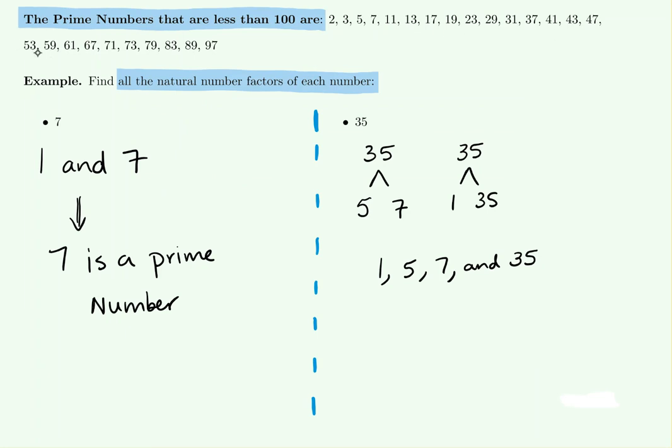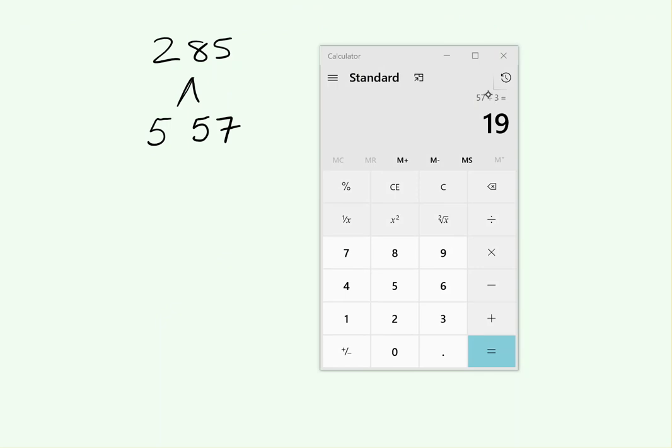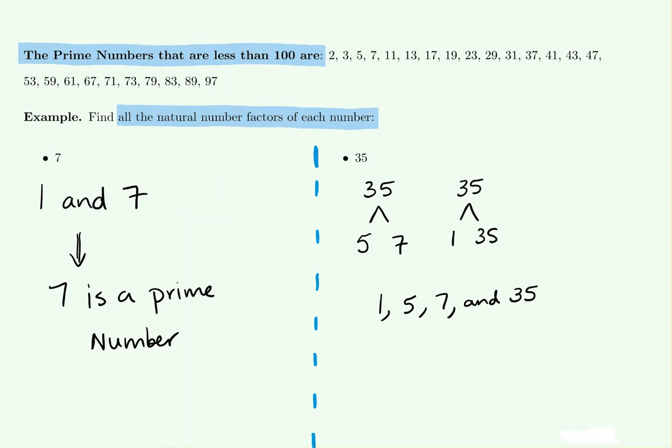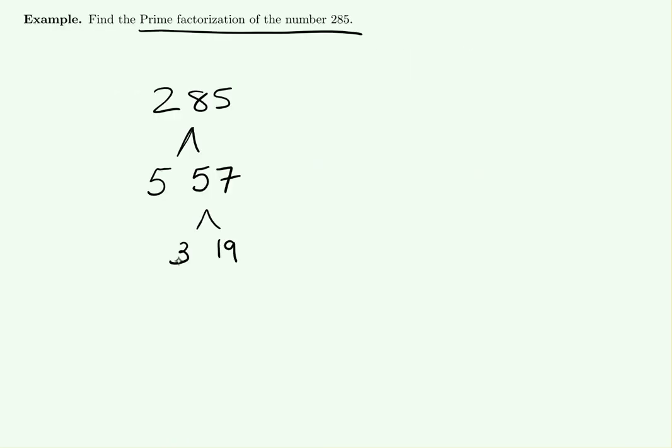So 57 is composite, so we need to think about what are some divisors of 57. I just checked first if 57 was divisible by 3. It was. The number is 19. So we've got 3 and 19. Now both 3 and 19 are prime numbers, so we've now reached the part of the prime factorization where each end of the branches are all prime numbers.